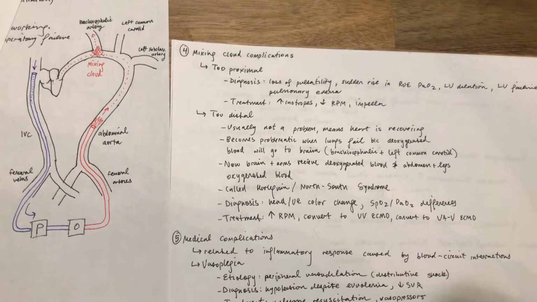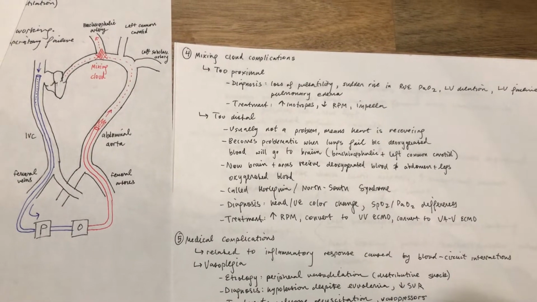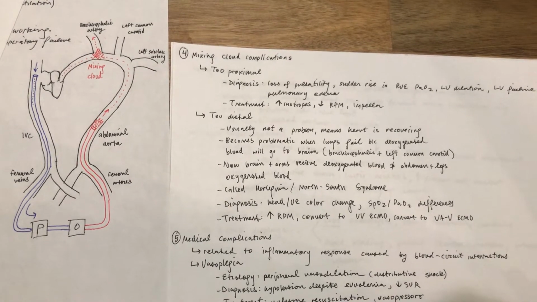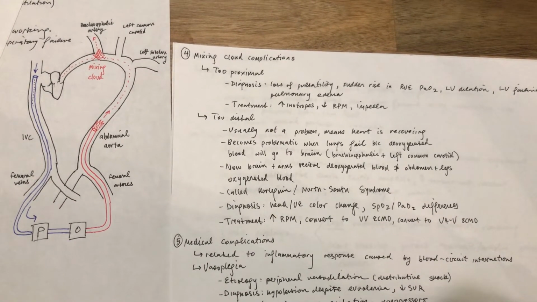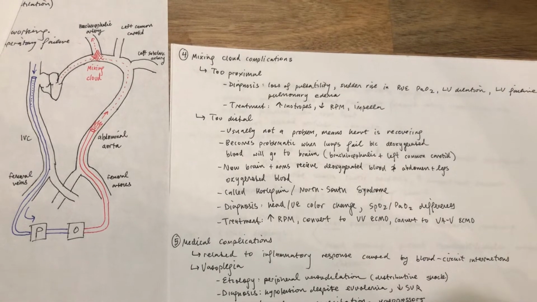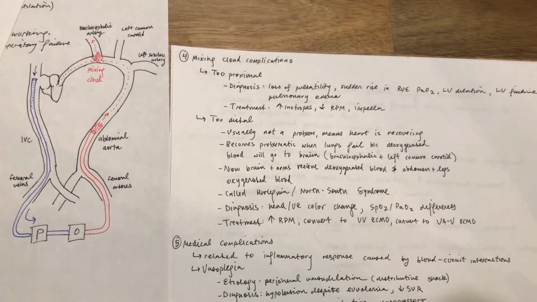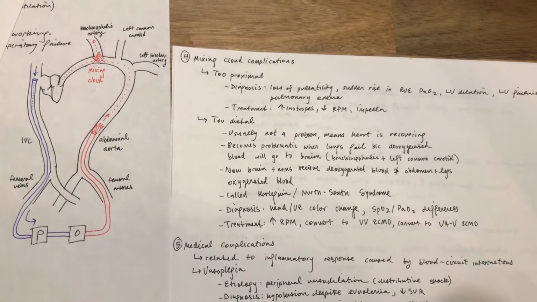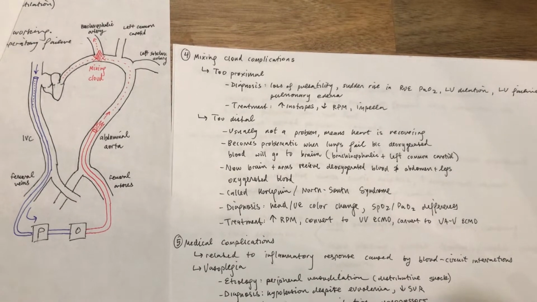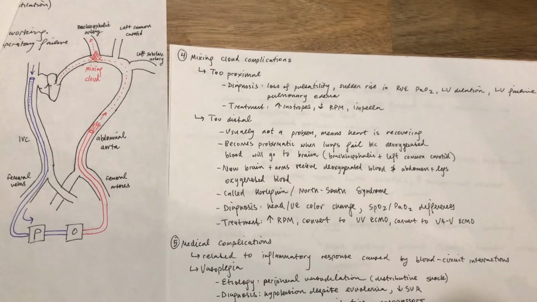The other mixing cloud issue that you run into is when the mixing cloud is too distal. And this, again, usually is not a problem as long as the lungs work. It becomes a huge problem if the lungs fail.